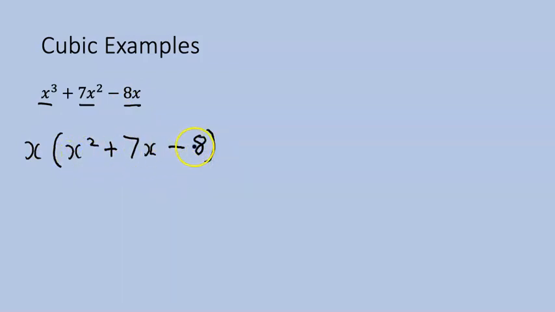Now, I've got a quadratic inside here that I can factorise. I'm going to find this out by writing minus 8 here and writing all the factor pairs. So I've got 1 times minus 8, so hence I've got minus 1 and 8. 2 times minus 4, and I've got minus 2 and 4. 1 take away 8 gives me minus 7.